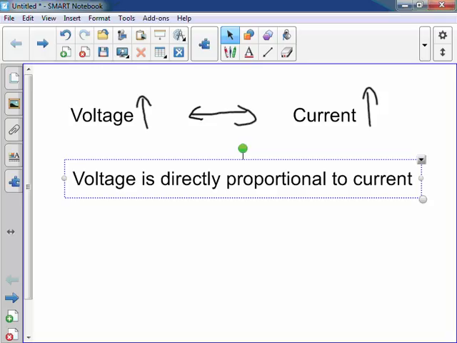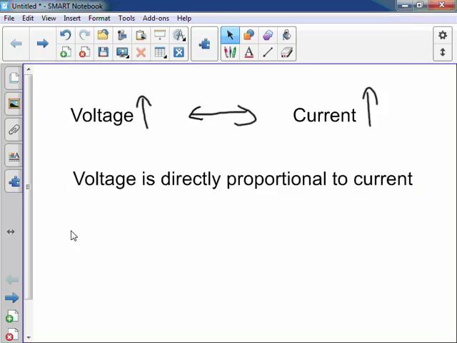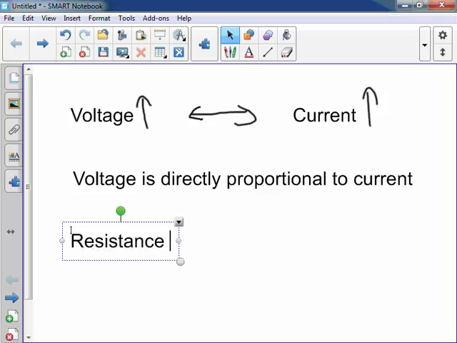So let me put down a few key points. The very first key point: resistance slows down the current.